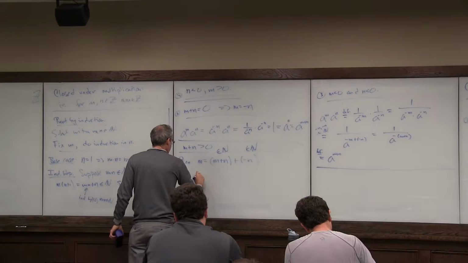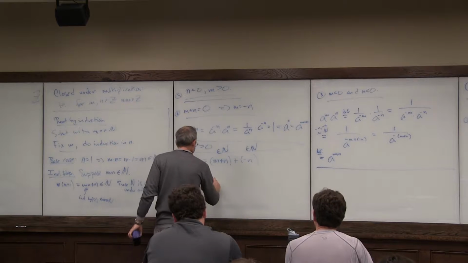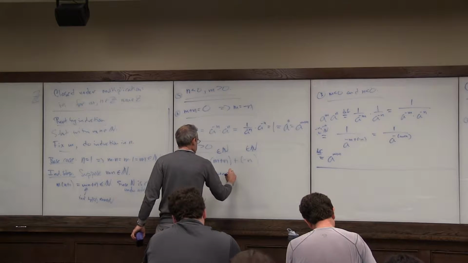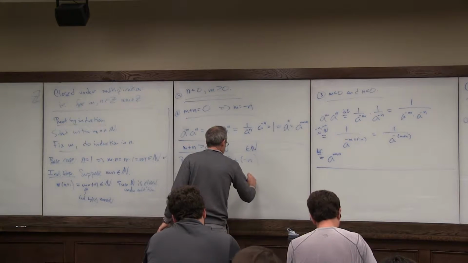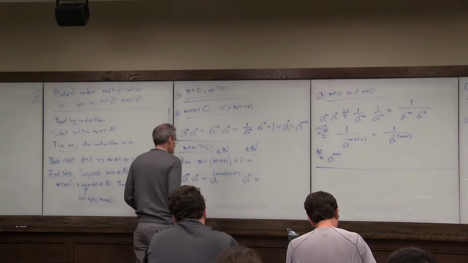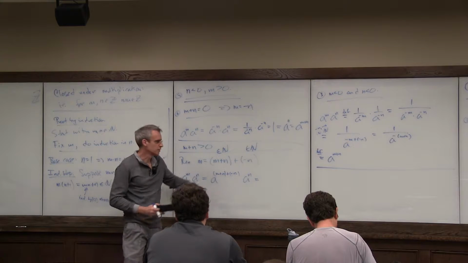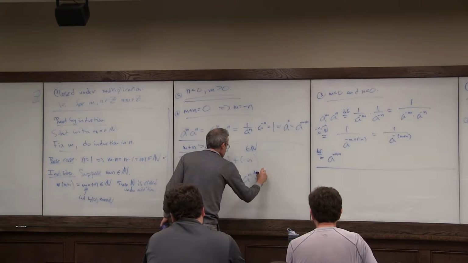a to the m, a to the n. And now I'm going to write out m that way. a to the m plus n plus minus n, times a to the n. Yep. So then these are both natural numbers. So this is the previous case, right?